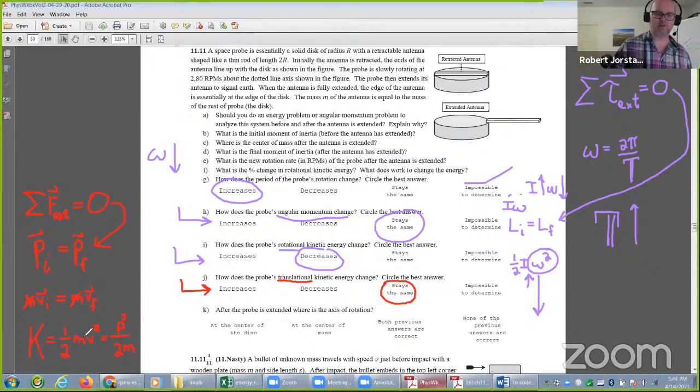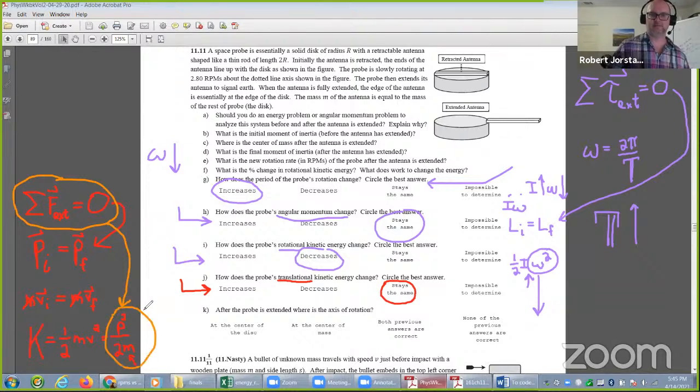The p squared would give me too many m's on top, so I divide it out right there. I still have the half. But that allows you to see that if you have no external force, that directly leads to your translational kinetic energy does not change. Got it? So that is good.